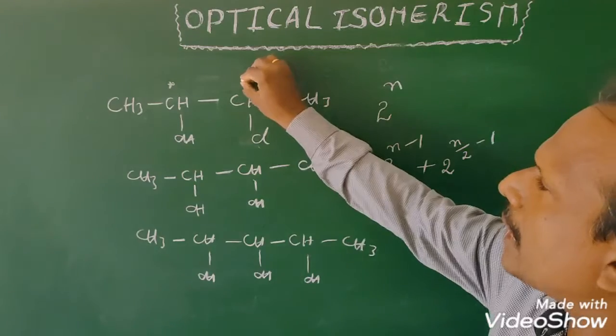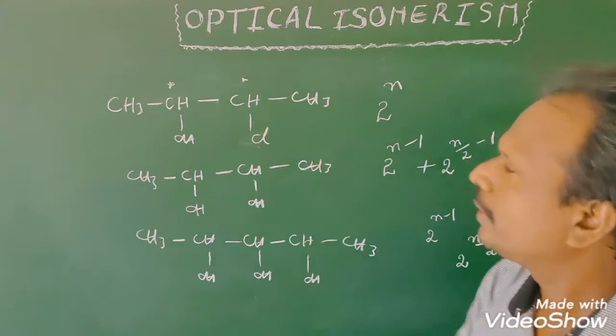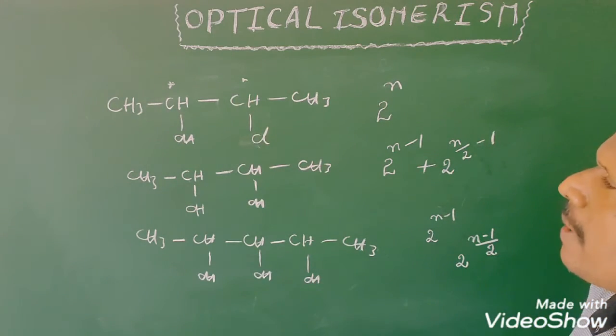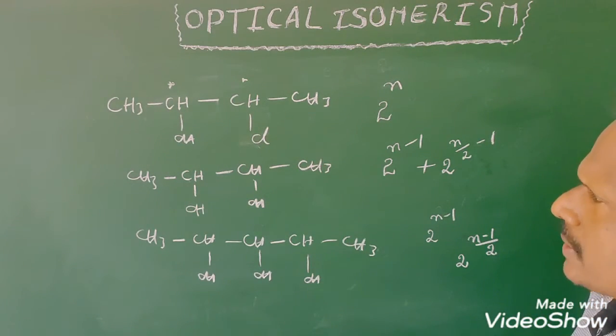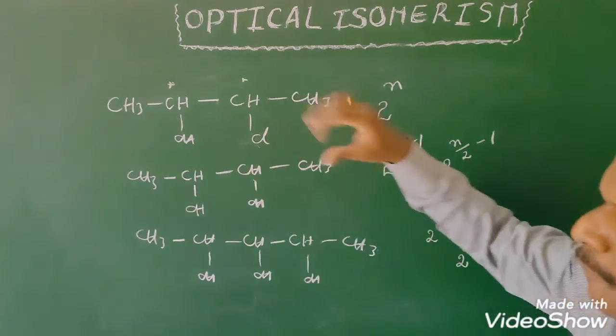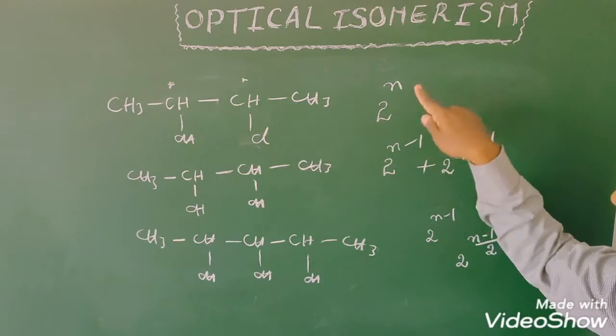So this compound has two stereogenic centers. There is no symmetry; this structural formula does not bisect into two equal parts. So the number of stereoisomers, that means optical isomers, is 2 to the power n.